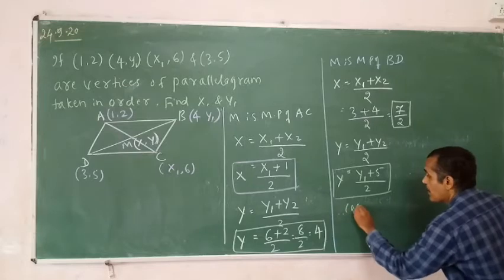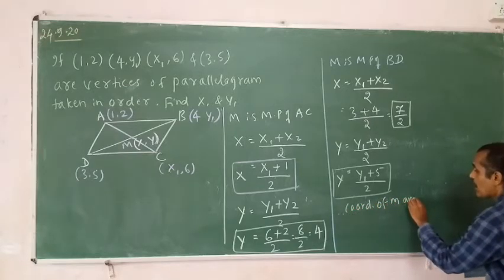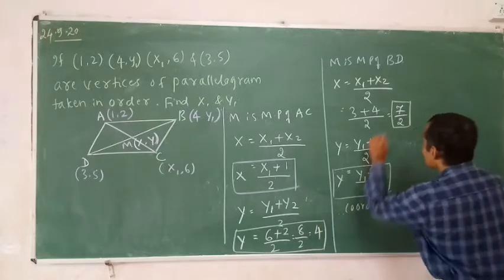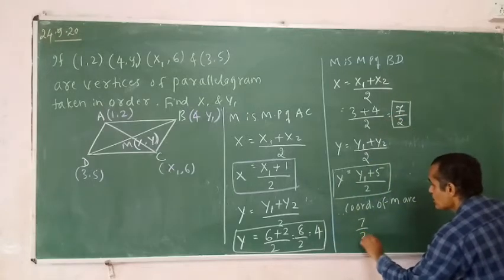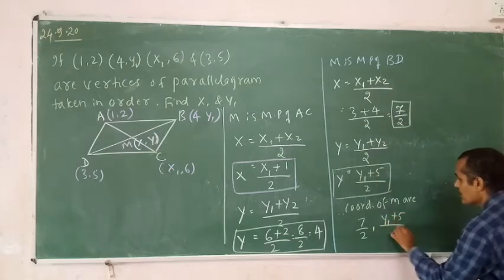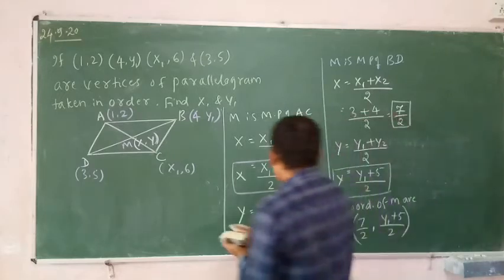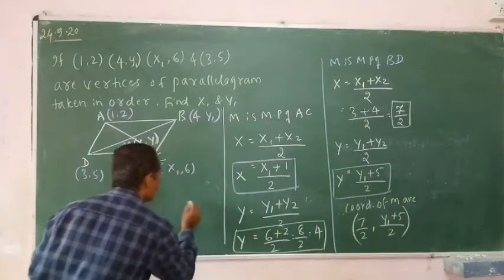Therefore, coordinates of M are (7/2, (y1 + 5)/2).